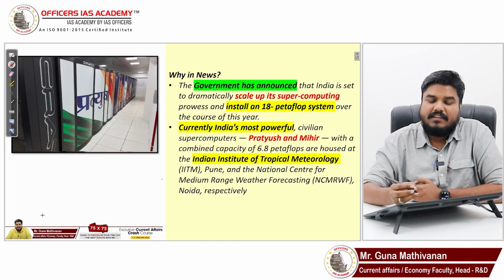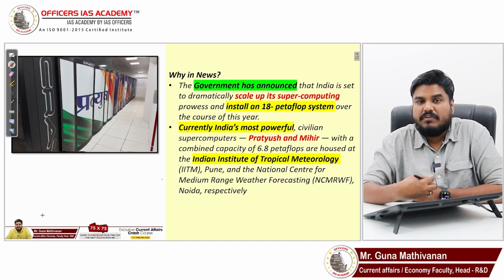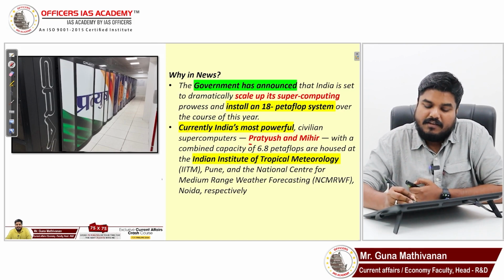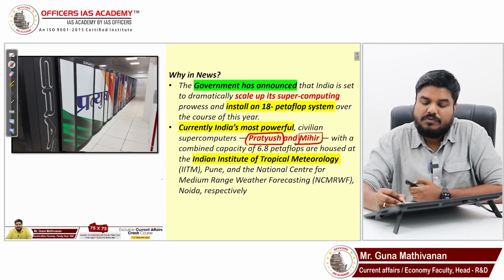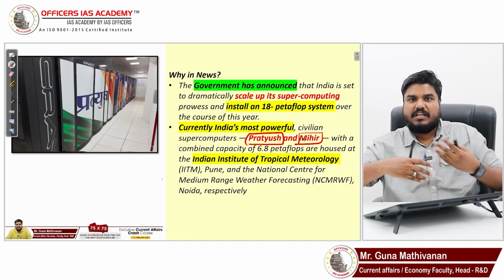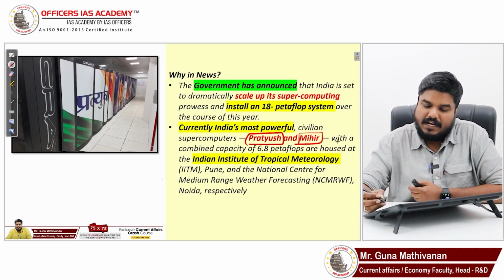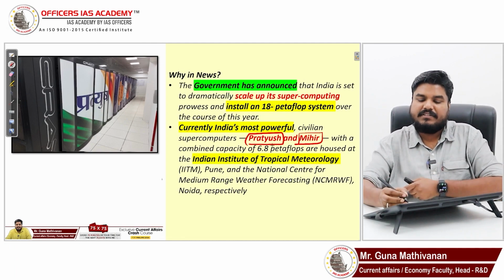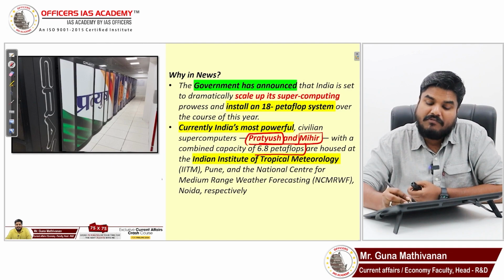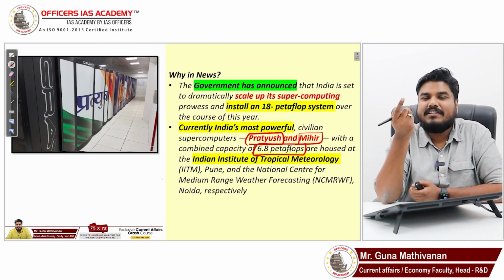With respect to India, the most powerful supercomputers we have are Pratyush and Mihir, two different supercomputers. In combination, we are using them. Pratyush and Mihir, both combined capacity will give you 6.8 petaflops. One petaflop itself is 1000 trillion operations per second.